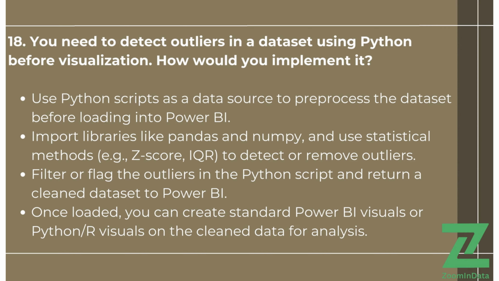Import libraries like Pandas and NumPy, and use statistical methods, for example Z-score or IQR, to detect or remove outliers. Filter or flag the outliers in the Python script and return a clean dataset to Power BI. Once loaded, you can create standard Power BI visuals or Python or R visuals on the clean data for analysis.